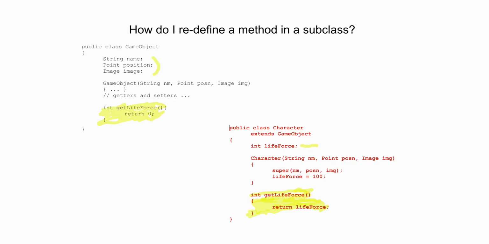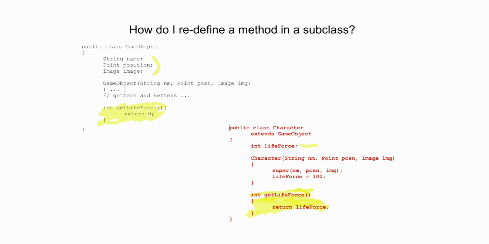It could be a car, it could be a table, it could be anything. And the life force of my table is 0. My tables don't run around or anything. But if I've got a character, a wizard or a warrior in my game, they do often have a life force. So now it will return something meaningful and tell me what the life force of that character really is.